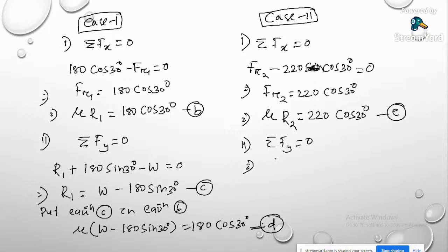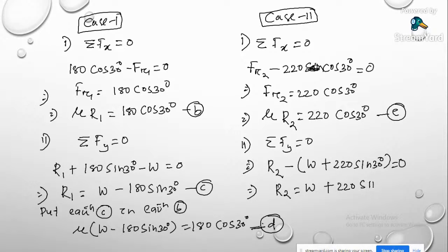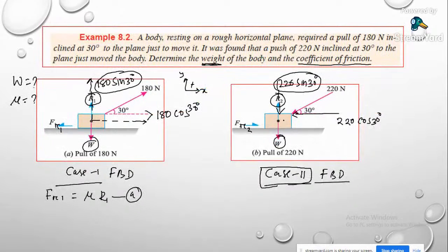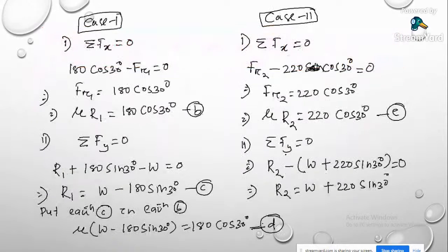That is positive R2 minus W plus 220 sin 30 degree will be equal to 0. From here we can find R2. R2 is W plus 220 sin 30 degree. This is equation F.